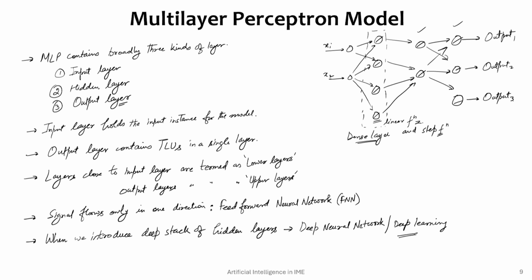This is the most widely popular term, deep learning, and now you should understand that once you start increasing the number of layers, like here we have only two layers between input and output, so let's say we have 2000 layers between input and output, then it will be a very dense network of layers and it can be utilized for deep learning.